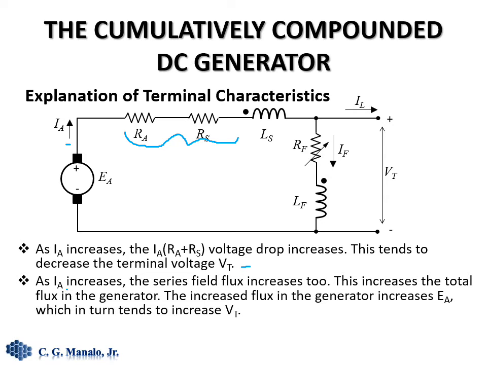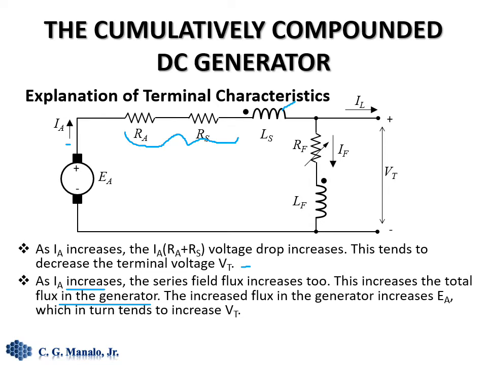As I sub L increases, because the load current increases, the field flux produced by the series field becomes stronger. Thus, this will increase the total flux generated by the generator.